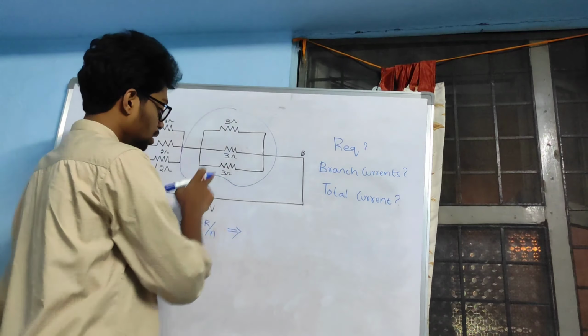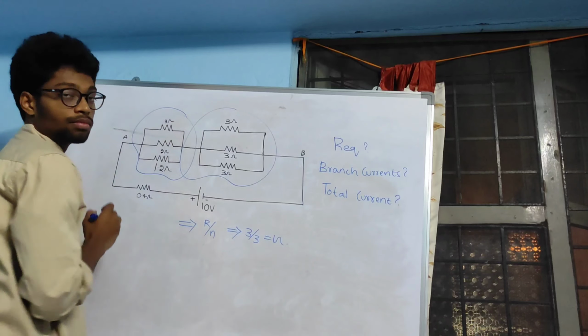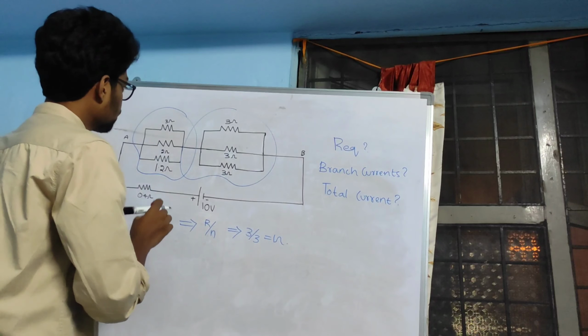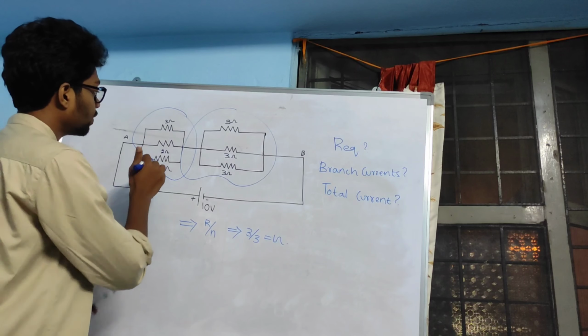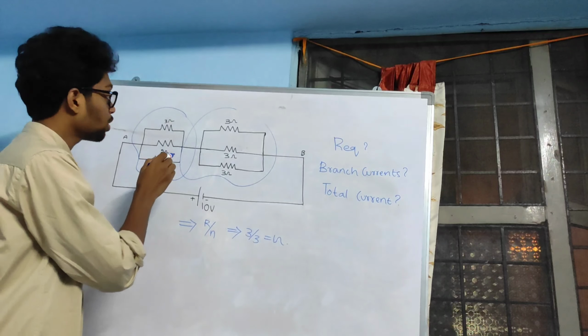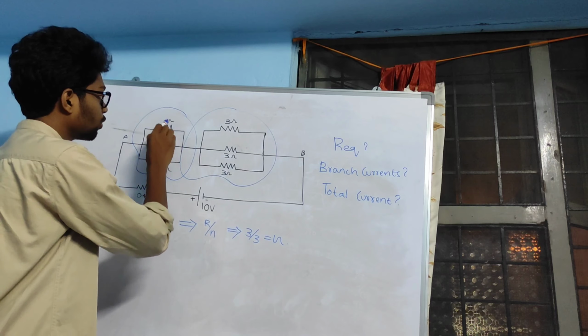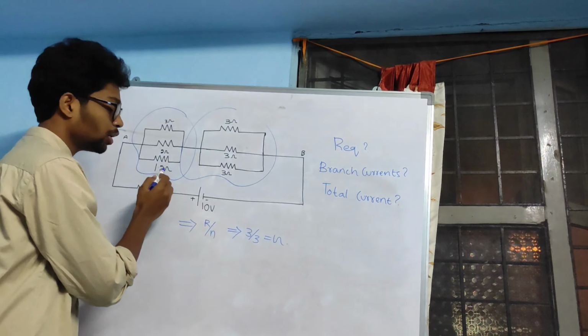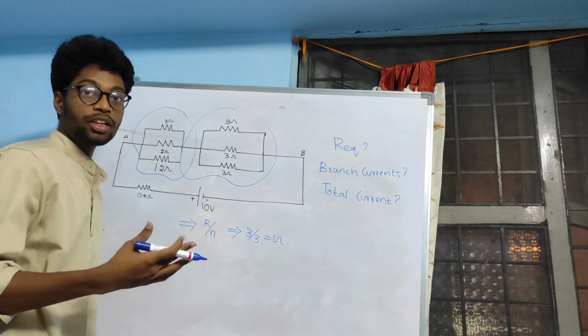Coming to the R equivalent of this parallel combination, first I am going to find the R equivalent of 3 ohms and 2 ohms, and then combine that with 1.2 ohms, so that it would be convenient for me.